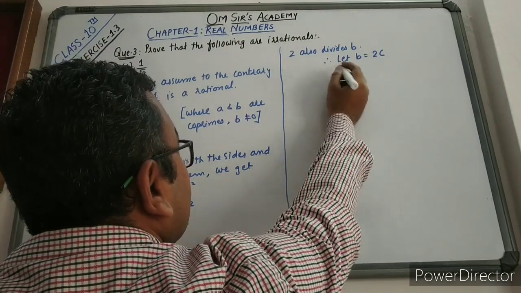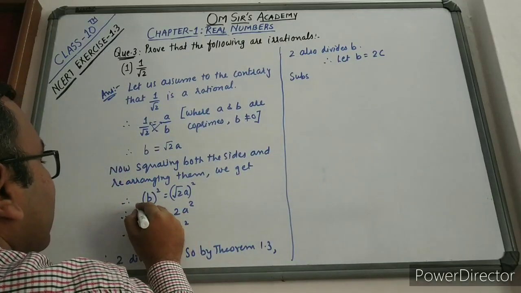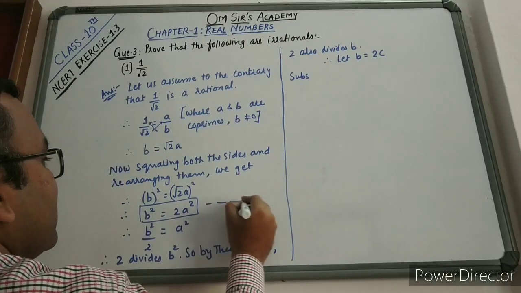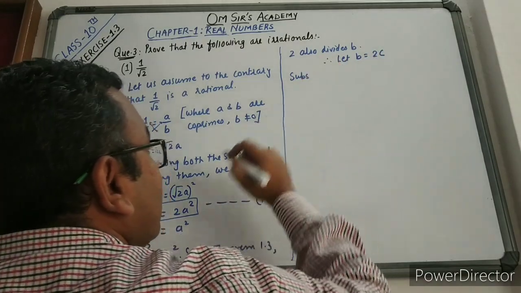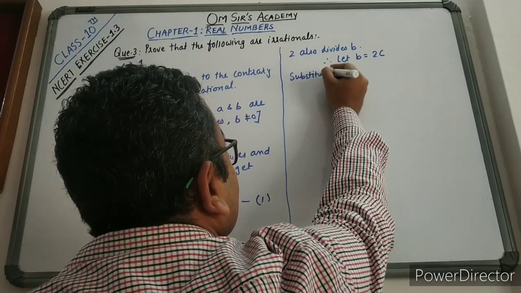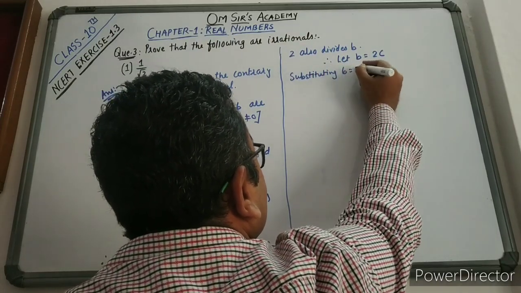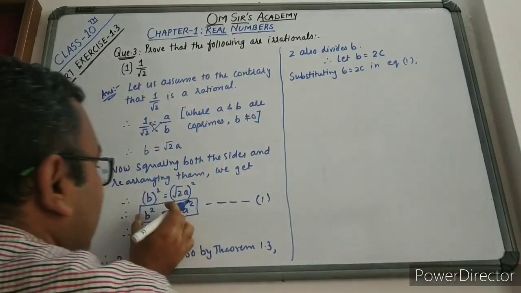Now substituting, this was my equation first, let us say this is my equation 1. Substituting b equals 2c in equation 1, we will get what?